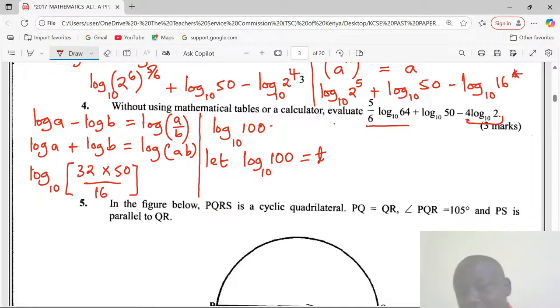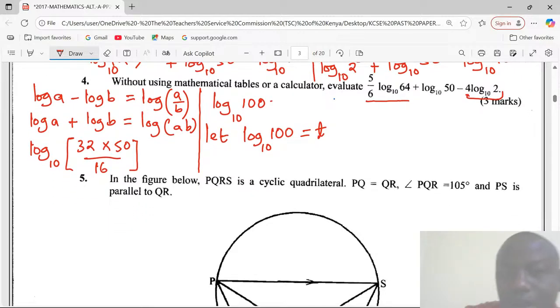Now we can solve for the value of t, whereby we change the expression from logarithm to index notation. I want to explain how people convert logarithm expressions to index notation.